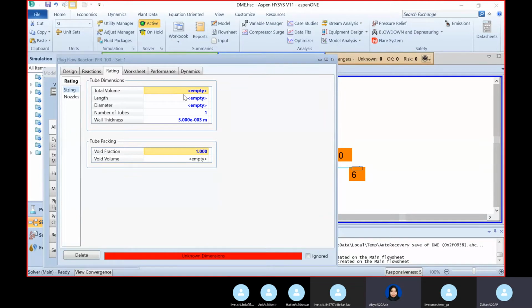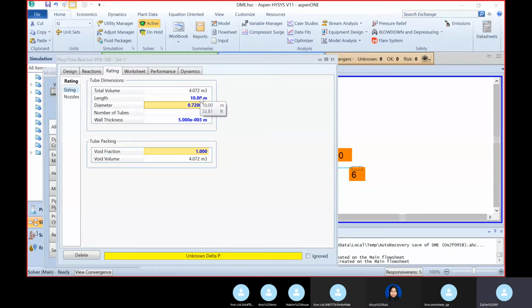R201. 0.72 meters, and the length is 10 meters. So we know the volume, we know the size of the reactor, but we don't know what the delta P is.